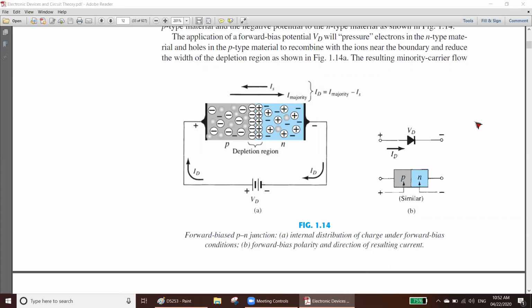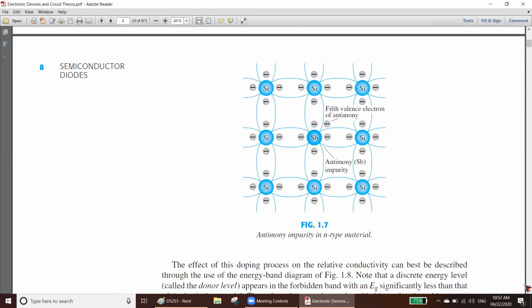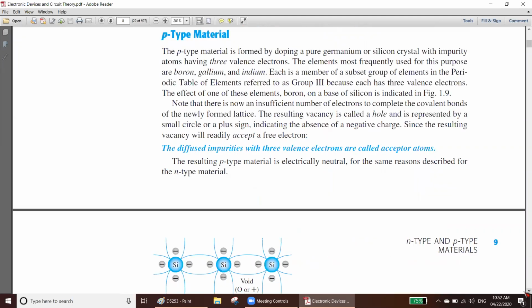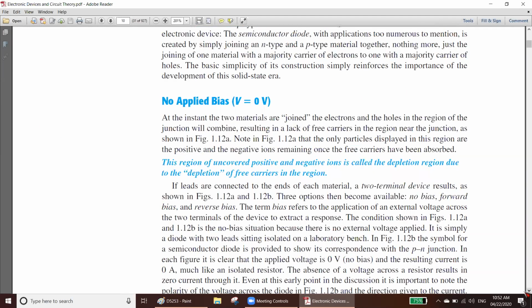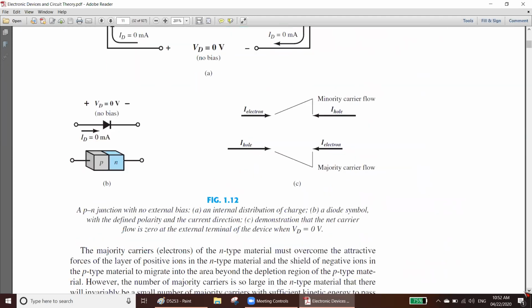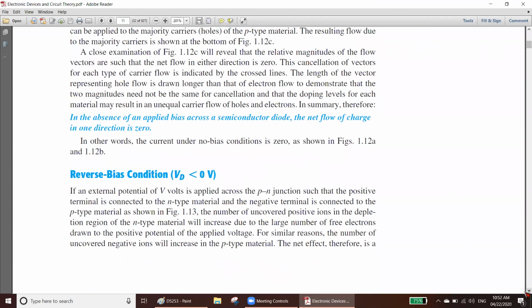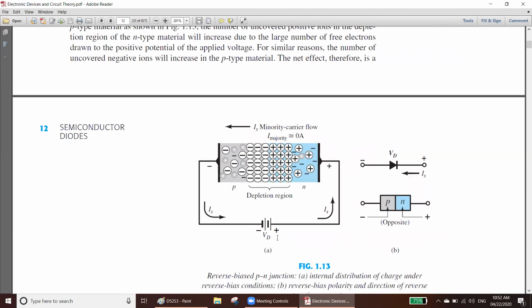In case of reverse bias, current tries to go from this point to this point, that means oppositely.